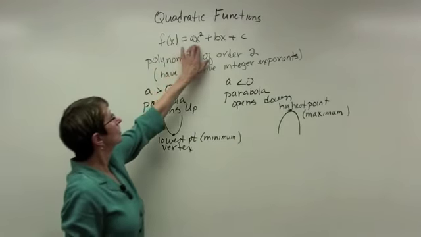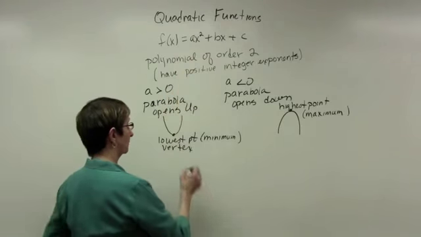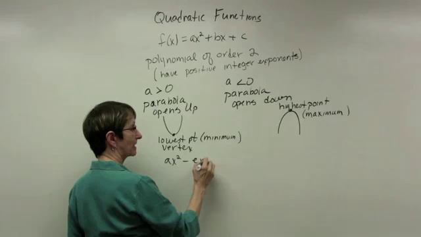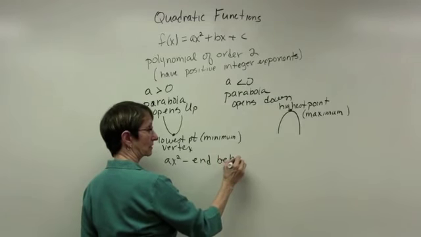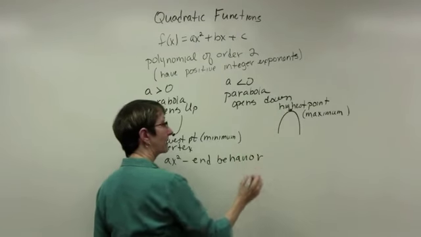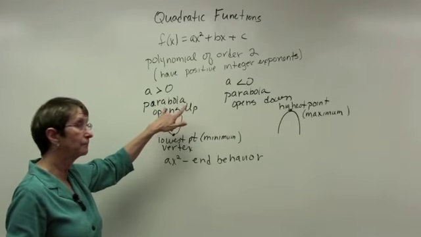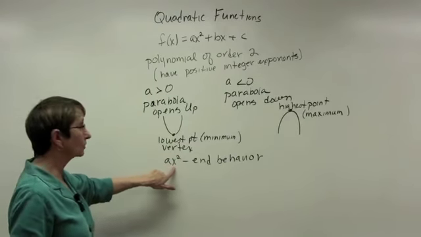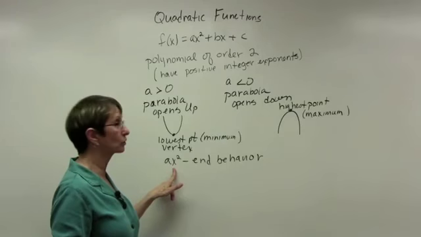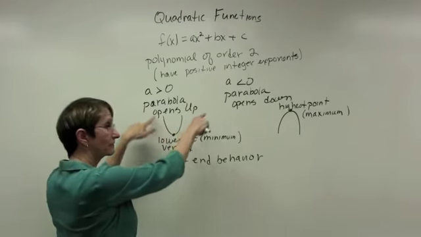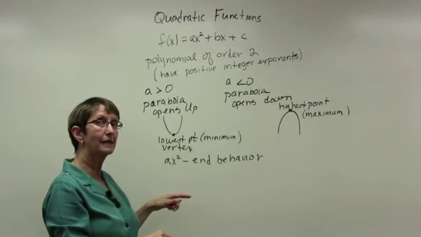The first term, ax squared, also gives us information about the end behavior. The end behavior really is just what the ends of the function are doing. It happens as the x's get very large, either negative or positive.